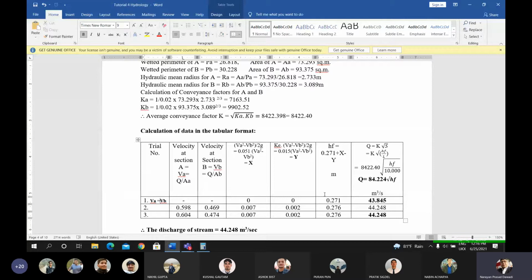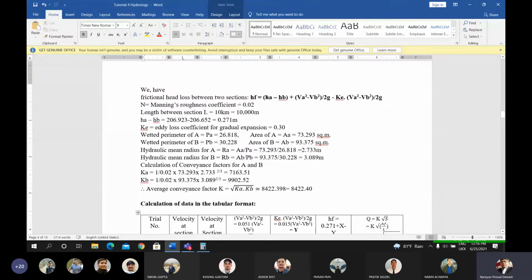With that discharge, again determine the velocity of the section using discharge divided by the area of the section, and with the respective areas of the two sections, again find the value of the velocity head, and similarly the eddy loss head. With the help of the velocity head, eddy loss head, and the static head loss, you can find the friction head loss using this formula.